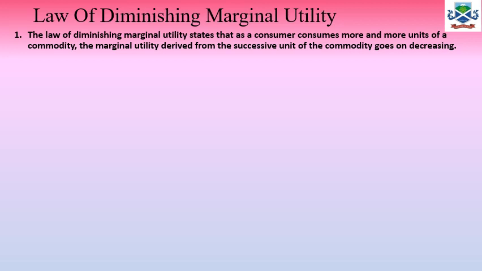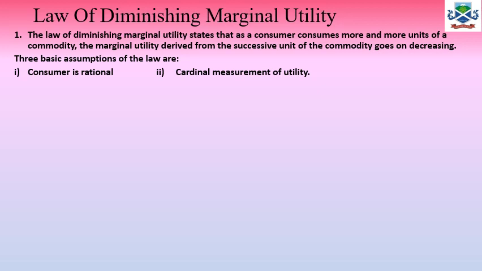To establish this law, there are some basic assumptions. The first assumption is that the consumer is rational. The consumer is able to judge whether he is getting more or less utility, whether he is satisfied or dissatisfied.